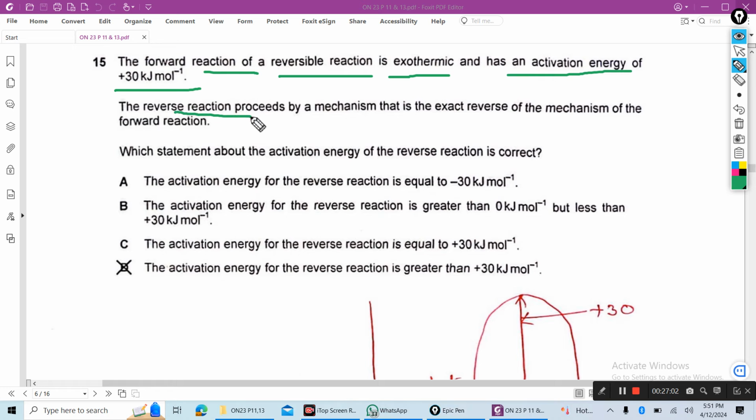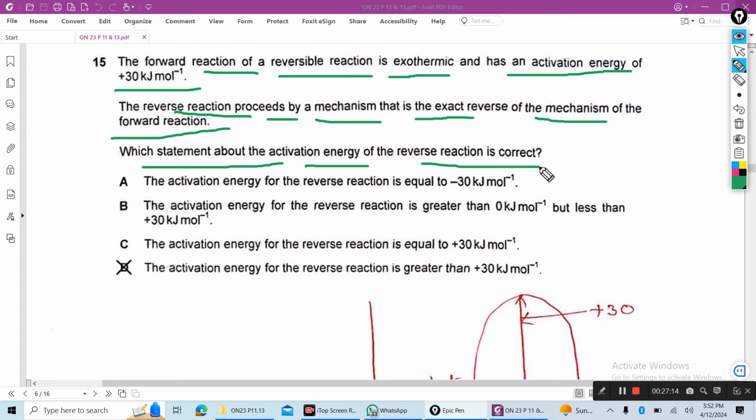The reverse reaction proceeds by a mechanism that is the exact reverse of the mechanism of the forward reaction. Which statement about the activation energy of the reverse reaction is correct? As the activation energy is 30 for the forward reaction, the reverse reaction will be more. So the answer will be D.